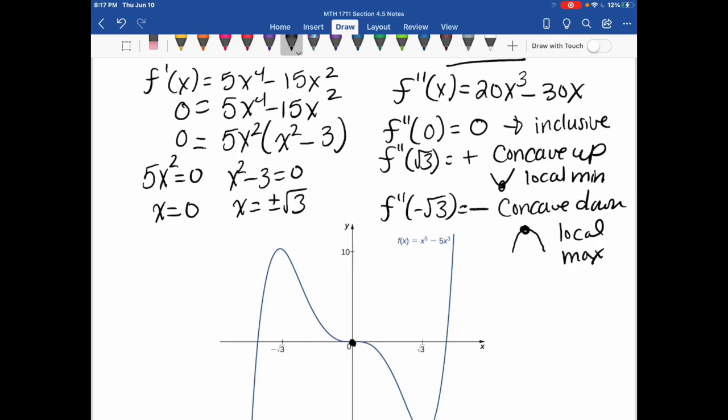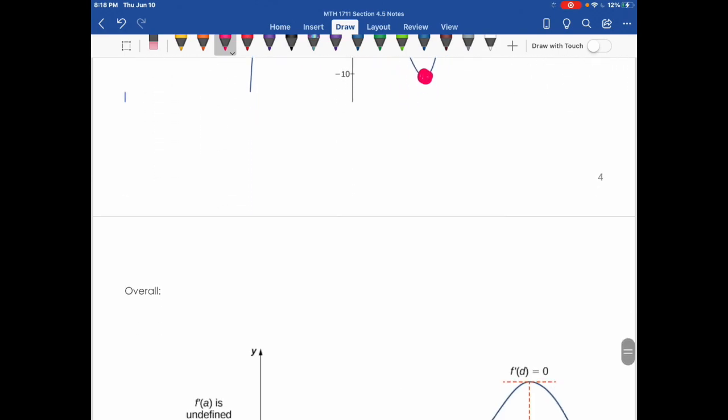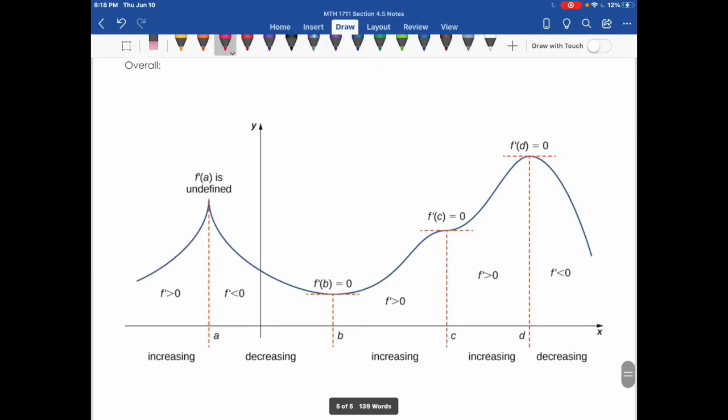But when we look at that graph, we can see that x equals 0 is actually an inflection point. On this interval before we get to 0 it is concave up, and then after 0 it is concave down. So x equals 0 is a critical point, and it's an inflection point. At negative square root of 3 we have a local max, and at positive square root of 3 we have a local min.